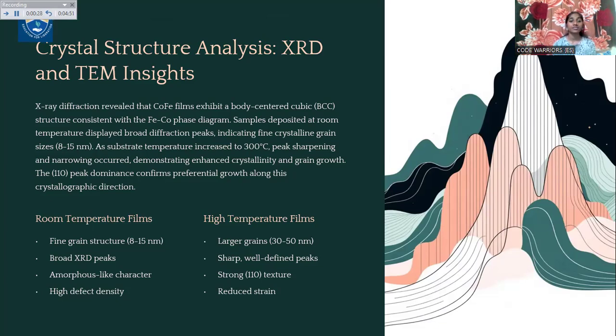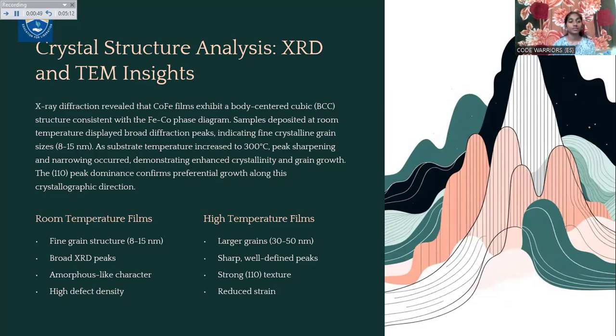As substrate temperature increased to 300 degrees Celsius, peak sharpening and narrowing occurred, demonstrating enhanced crystallinity and grain growth. The 110 peak dominance confirms preferential growth along this crystallographic direction.